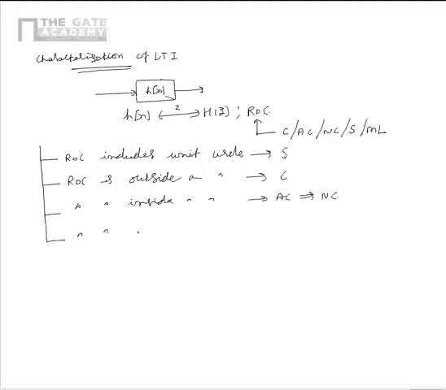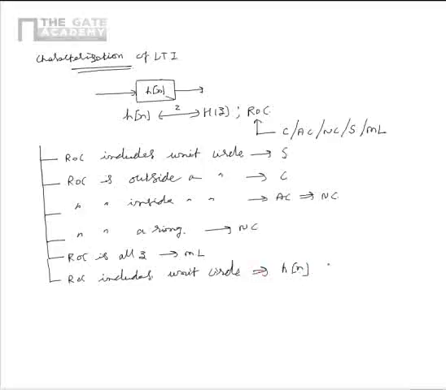If the ROC is a ring, then the system is non-causal as well. If the ROC is all z, then the system is memoryless. Also, if the ROC includes the unit circle, then it means that the impulse response h of n is absolutely summable. So the DTFT of h of n exists.